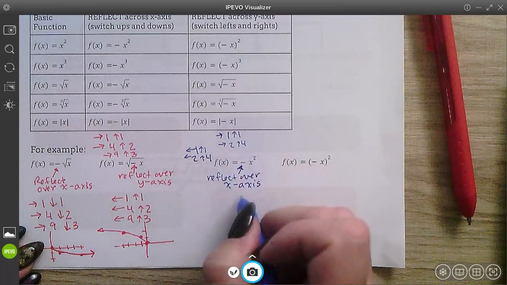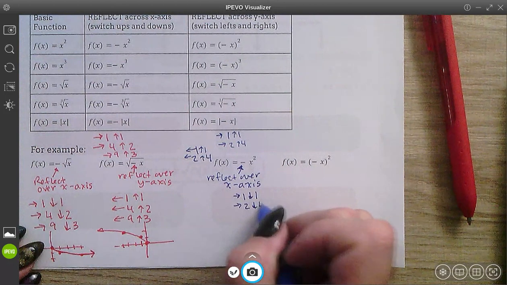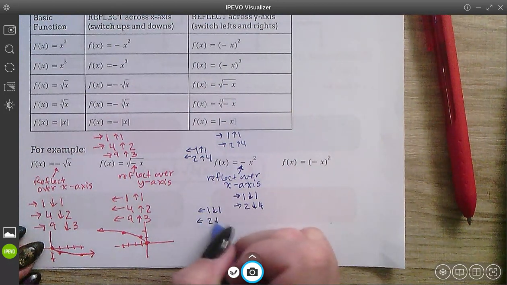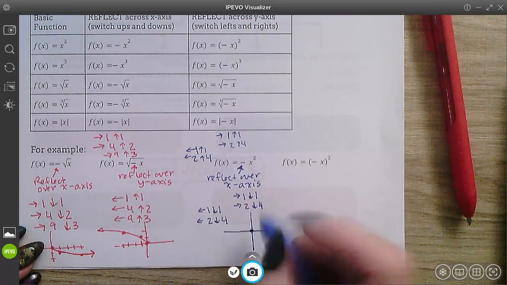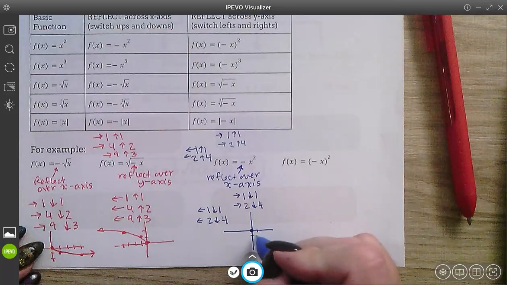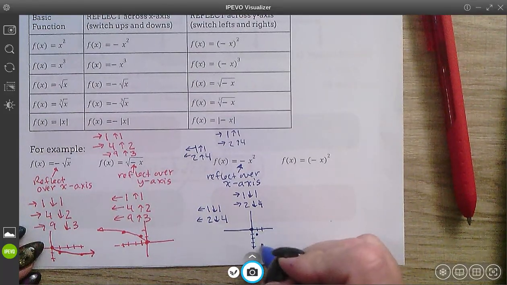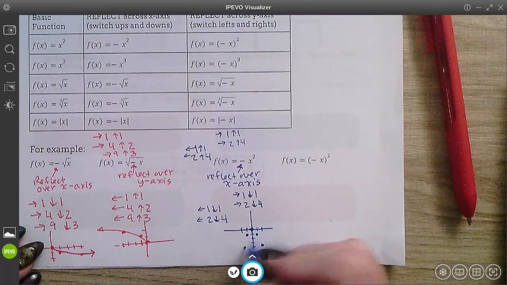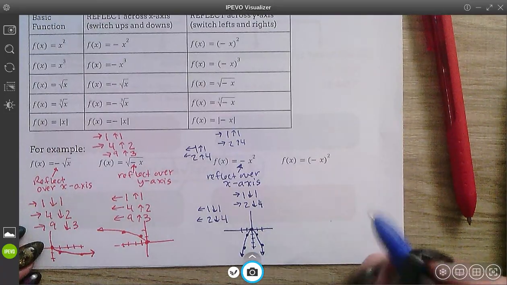So I am going to now go right 1, down 1, right 2, down 4, left 1, down 1, left 2, down 4. So this graph goes from 0, 0, right 1, down 1, back to 0, 0, right 2, down 4, left 1, down 1, left 2, down 4. So that will make my graph go that direction.